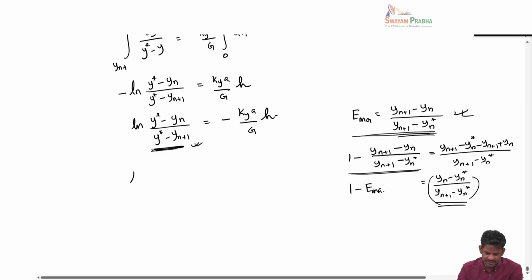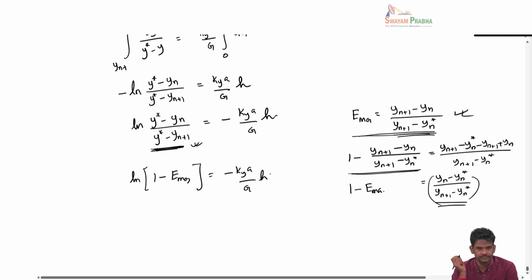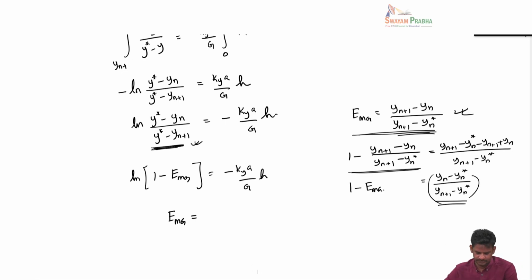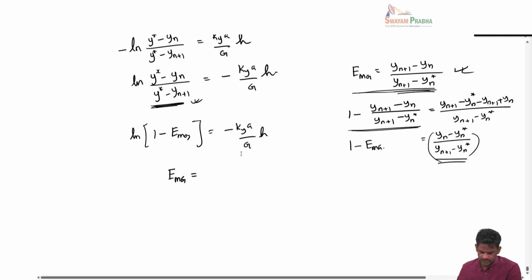So, I can replace the logarithmic term as 1 minus EMG is equal to minus Kya by G times h, right. So, from here you can solve for the Murphy efficiency. That will become 1 minus e power minus Kya h by G.